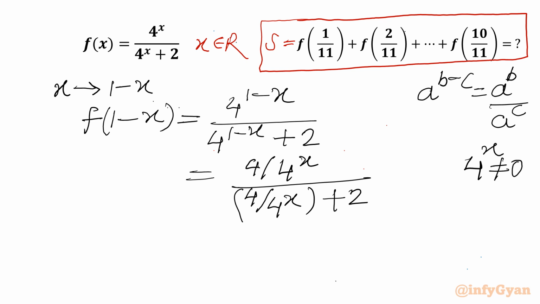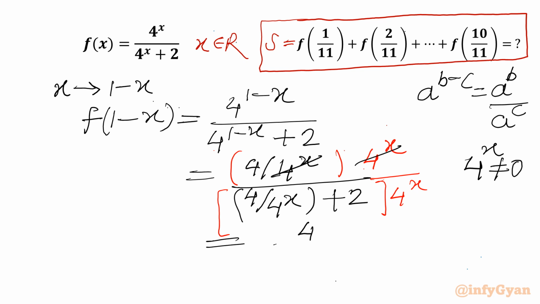So I can multiply the numerator and denominator by 4 power x. So in the numerator we can cancel 4 power x with 4 power x. It will be 4 over 4 plus 2 times 4 power x.